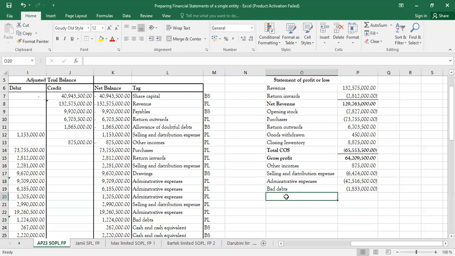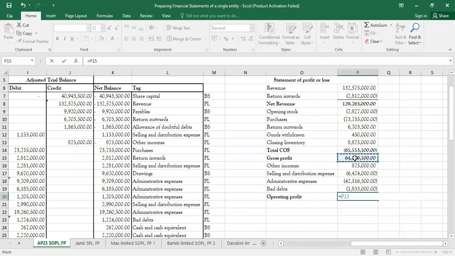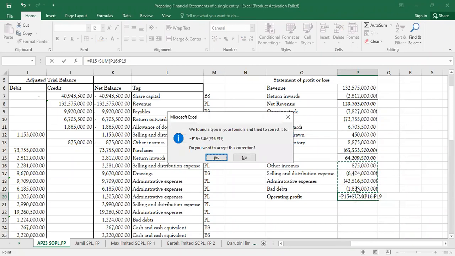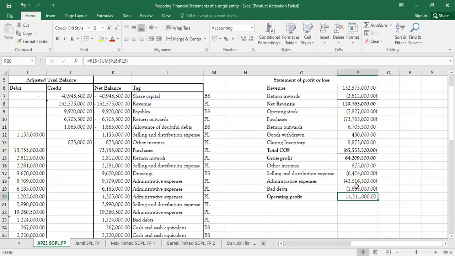So we come here, control bold, operating profit. Tab equals, so it will be our gross profit, isn't it? Plus the sum of, isn't it? So I'll introduce sum. I pressed up and the sum of everything. Control enter. I did not close the bracket, so I'll just press enter again, isn't it?